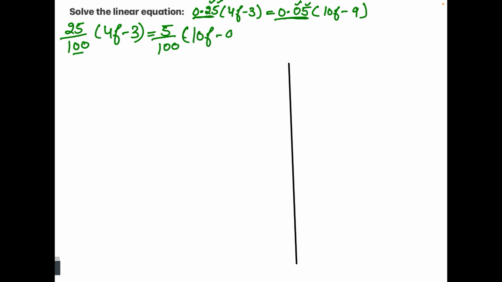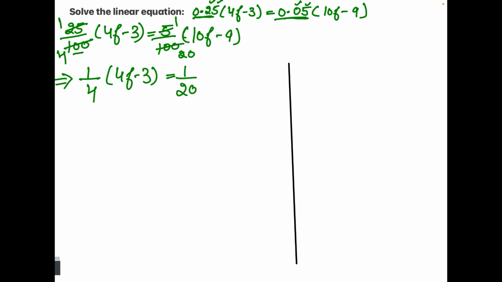(10f minus 9). Now first of all we will simplify the fractions. Now the equation will be 1 over 4 (4f minus 3) is equal to 1 over 20 (10f minus 9).